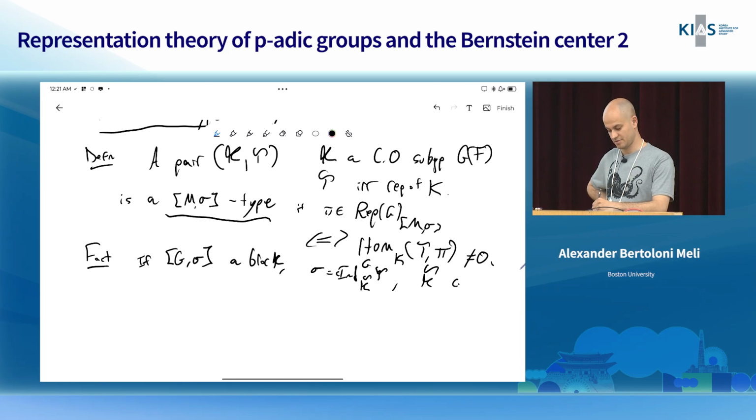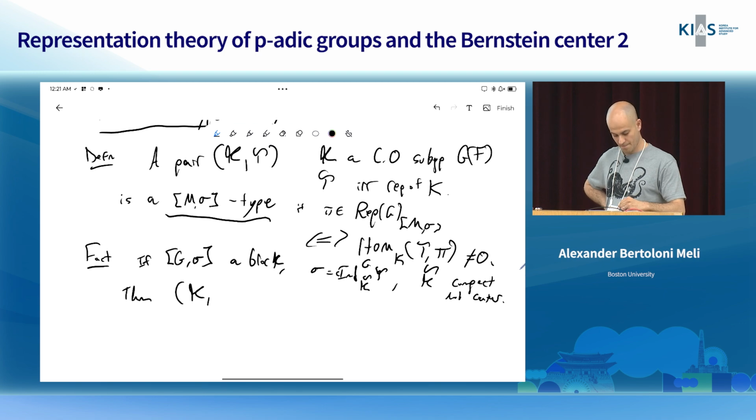Such that K tilde is compact mod center. Then you can take K to be a maximal compact in K tilde, and you can restrict tau to K, and this is a G sigma type.